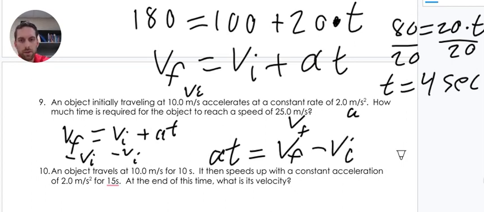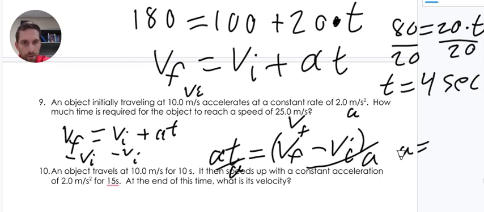Now we're going to solve this by dividing both sides by a. And then we're going to get an answer. So t equals, plug in our values. 25 minus 10 over 2.